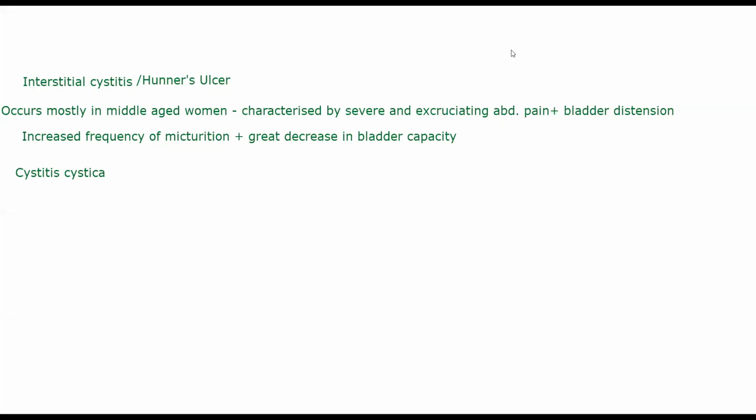Then we have the last type, which is called polypoid cystitis. Polypoid cystitis is characterized by papillary projections on the bladder mucosa, along with submucosal edema. Inside your bladder, there will be papillary projections.